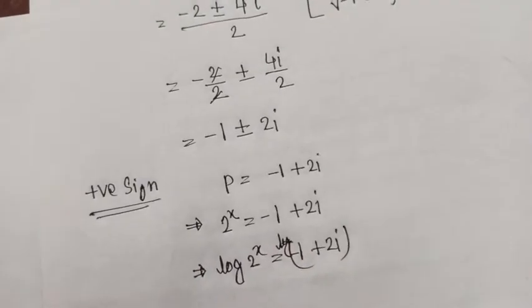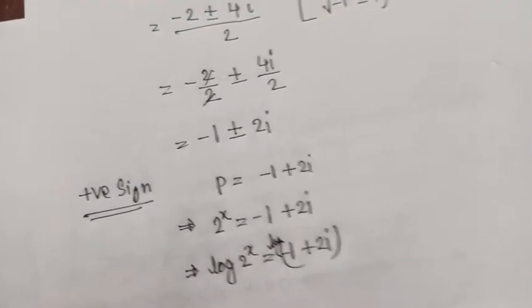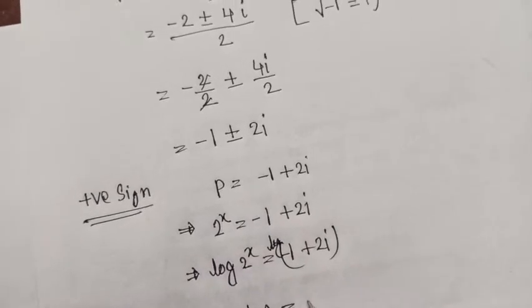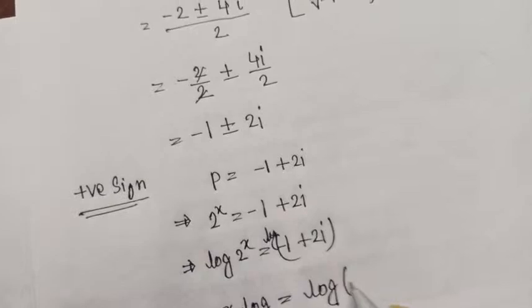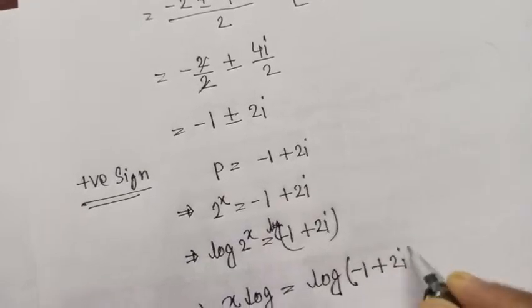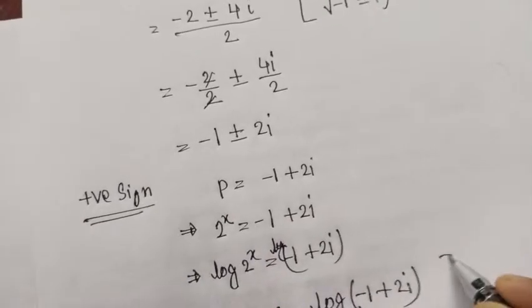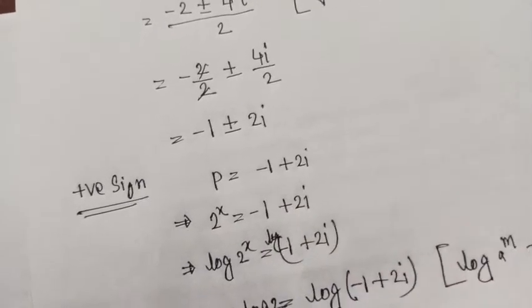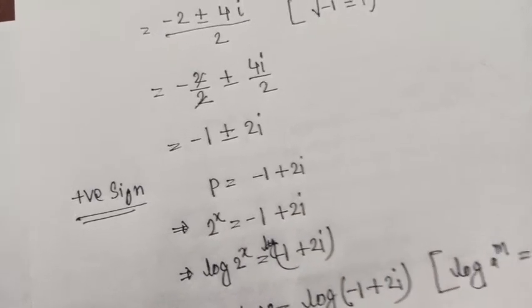If we take log on both sides, x log 2 equals log of minus 1 plus 2i, as log a to the power m is equal to m into log a.